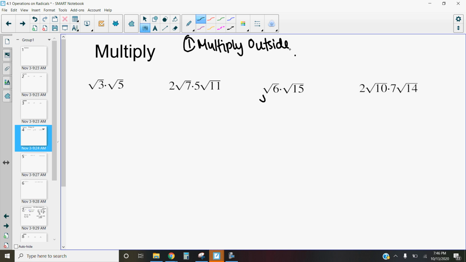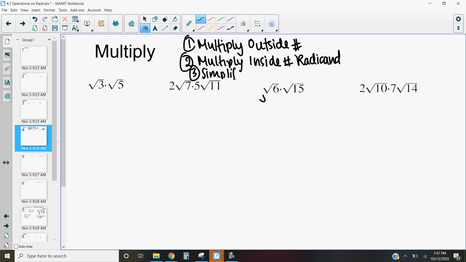The second thing we want to do is multiply any numbers that are on the inside. Remember, those inside numbers are called the radicand. And then the last thing we want to do is simplify it. By following these three steps, we can multiply these.